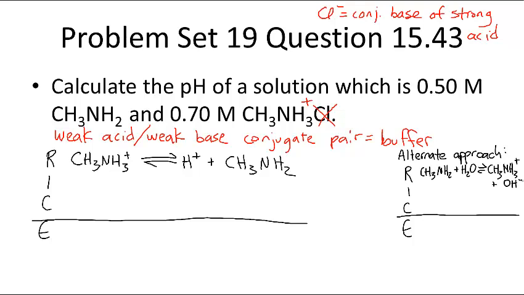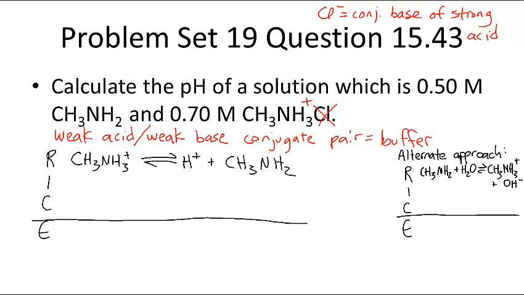Now, I wrote that small and off to the side because while it would work, why would it be slightly more work to use that approach? Because that would give me concentration of OH minus, which would then give me pOH, which would then give me pH. So it would just be an extra step.